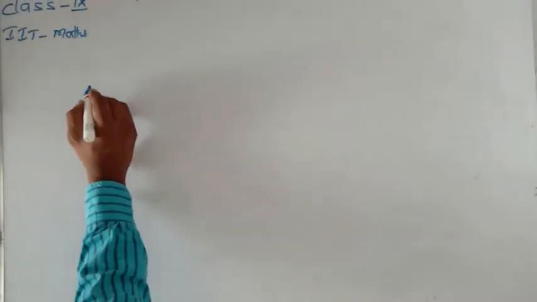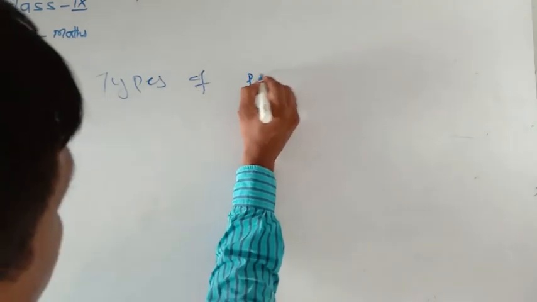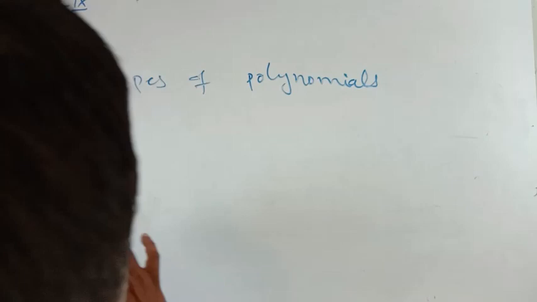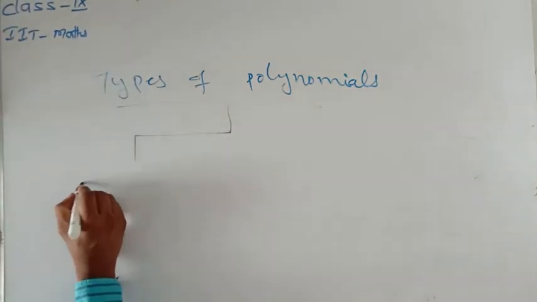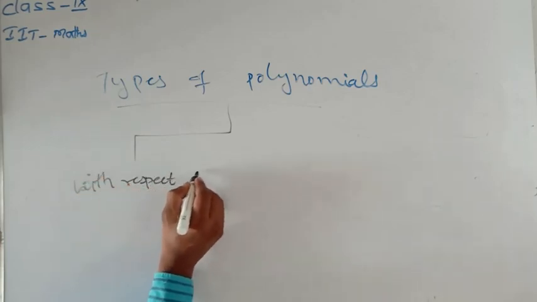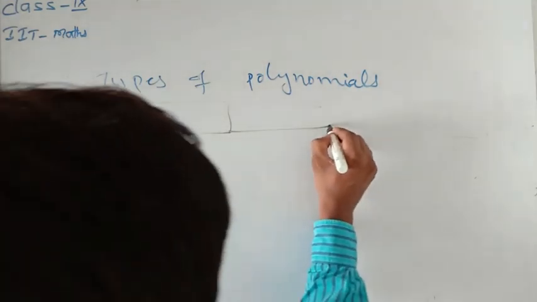Children, next is types of polynomials. So these polynomials are divided into two types, that is with respect to degree, and the next is with respect to terms.